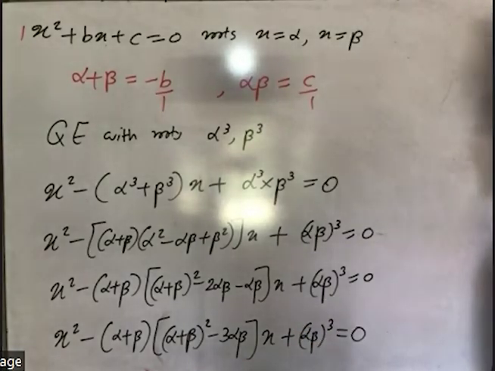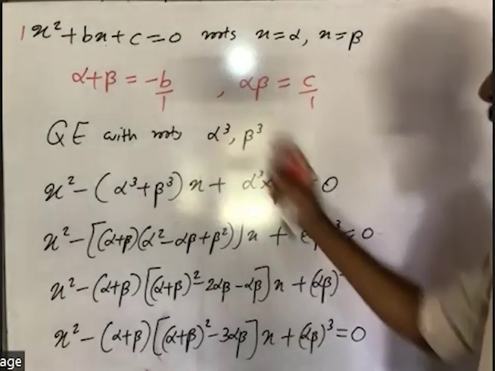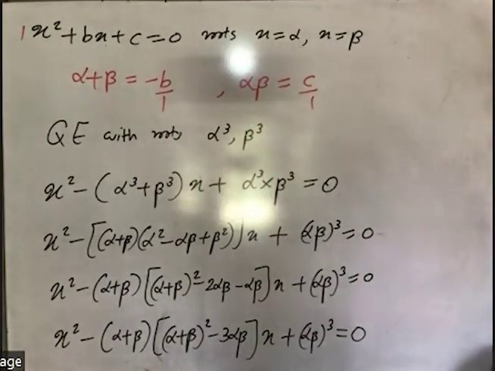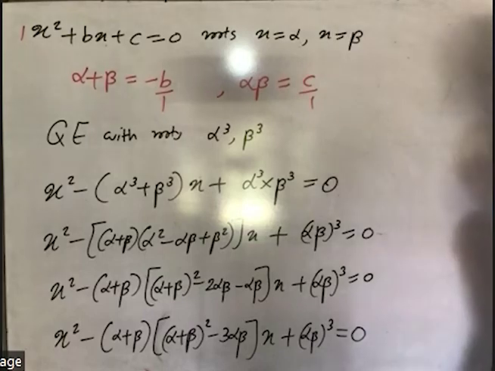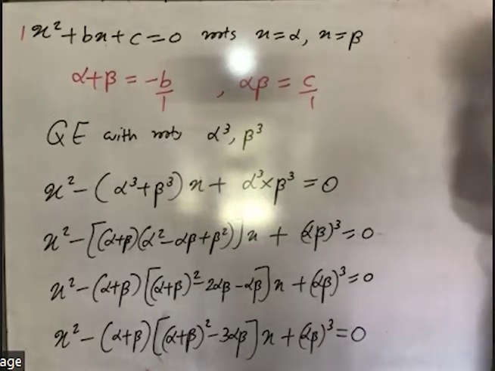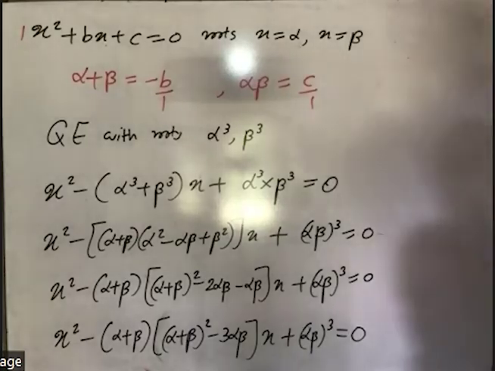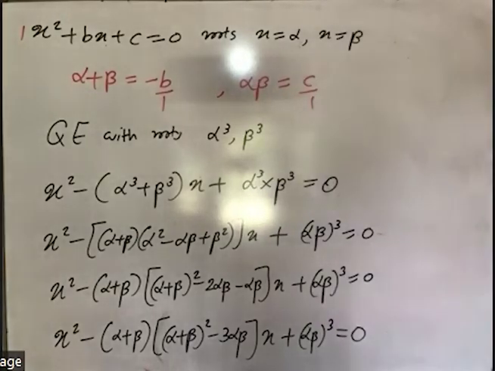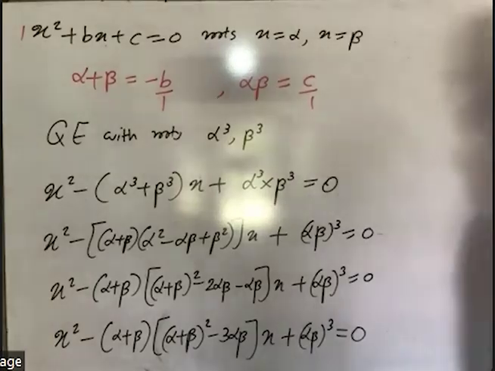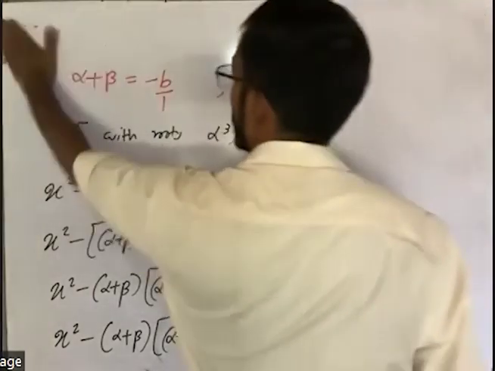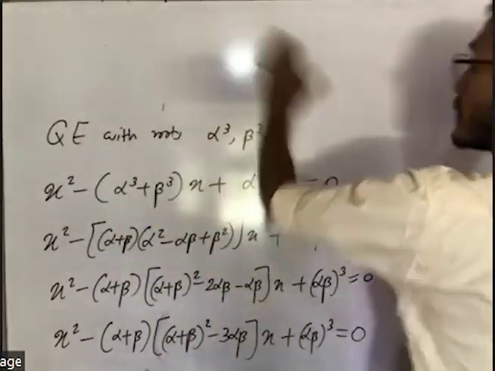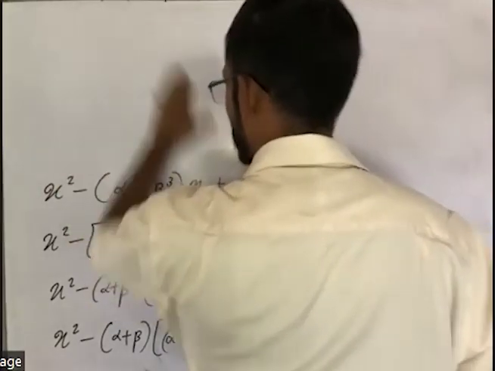Right, so this is the equation with roots alpha to the power 3, beta to the power 3. Now we can write down alpha to the power 3, beta to the power 3 with using b and c. So I'm going to write down this.